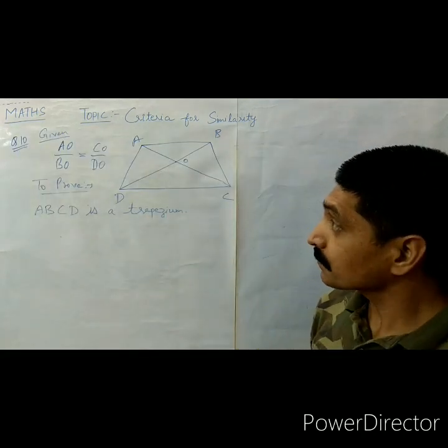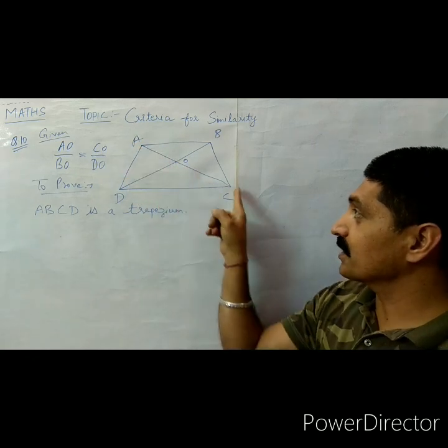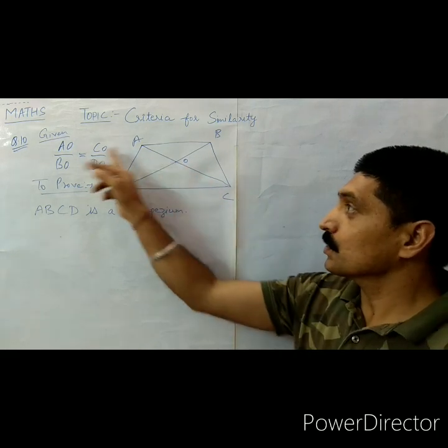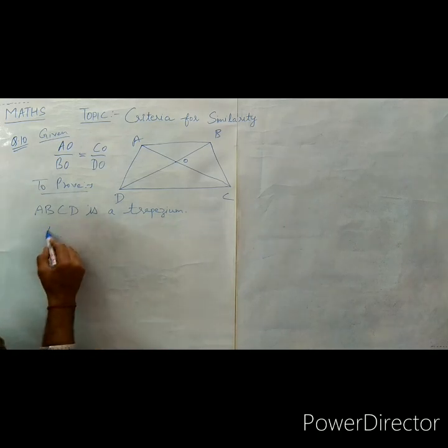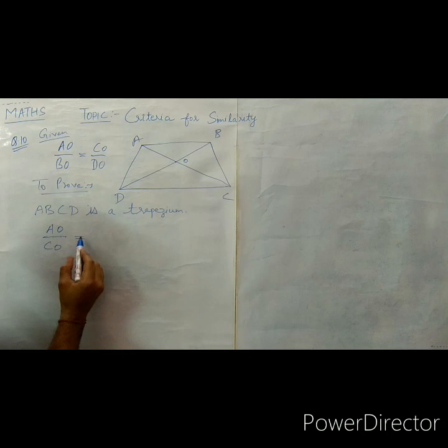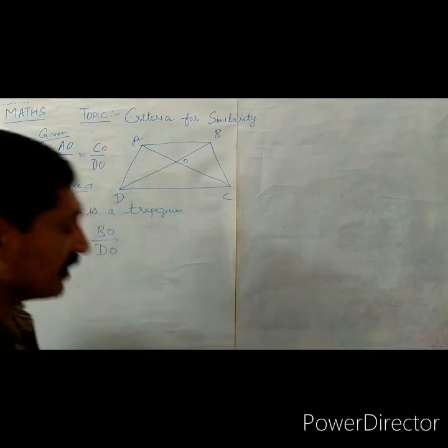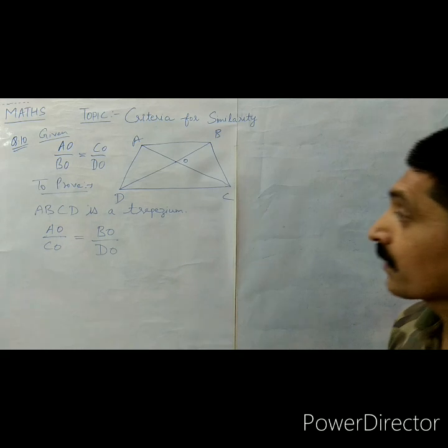means we want to prove that AB is parallel to the side DC. So if we are going for the triangles, then it is the AO and OC sides, the diagonal AC is OA and OC. So we can rearrange. We can write AO upon CO as BO upon DO. Just rearranging. So this statement is already given here.